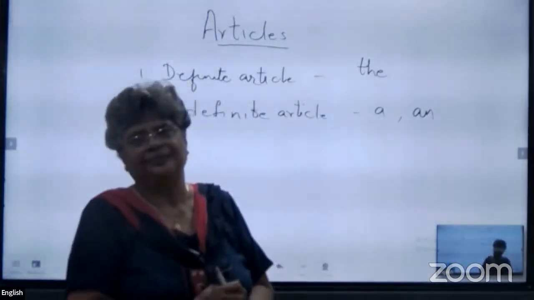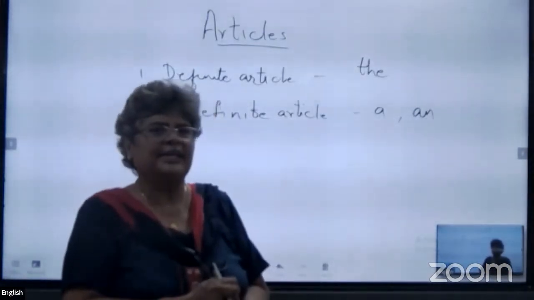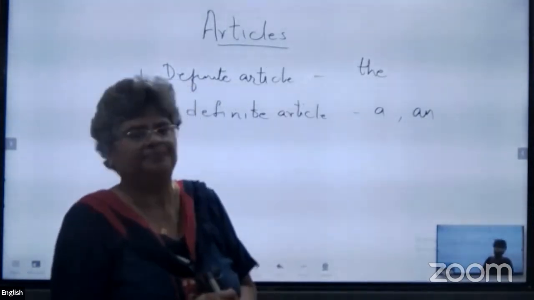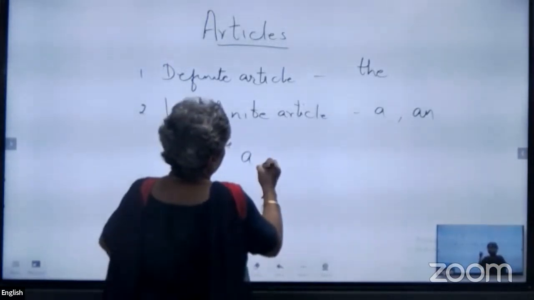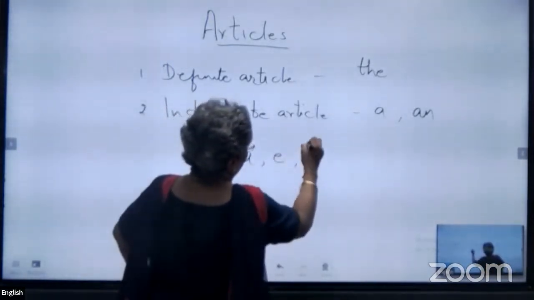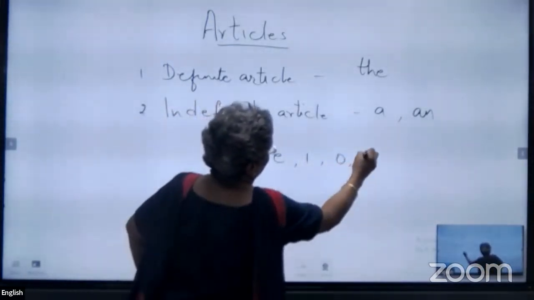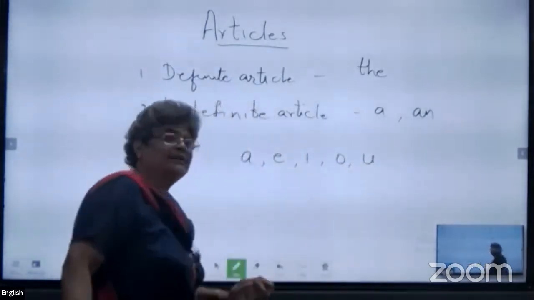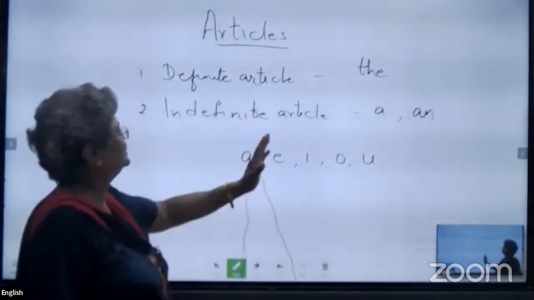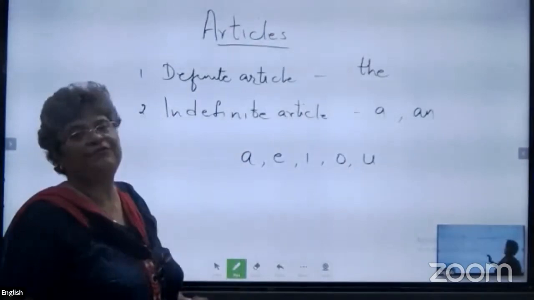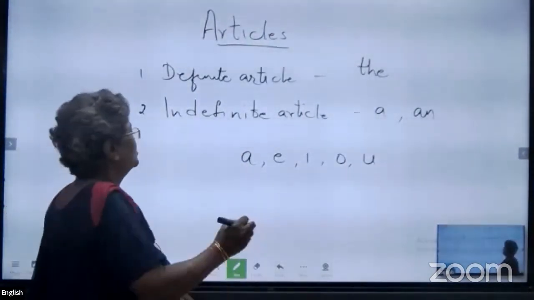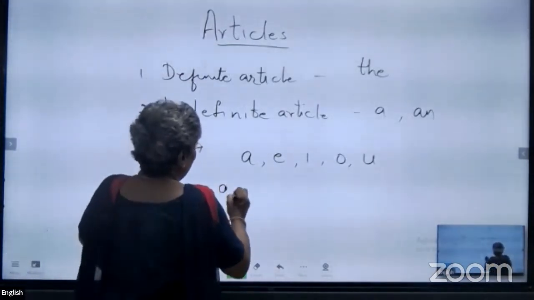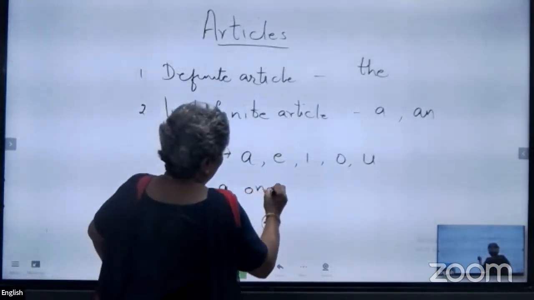Now, when is an used? The immediate answer is before a vowel, which is wrong. A, E, I, O, U. These are the vowels. And you say an is used before a vowel. I say it's not right. Because you say a 1 rupee note.